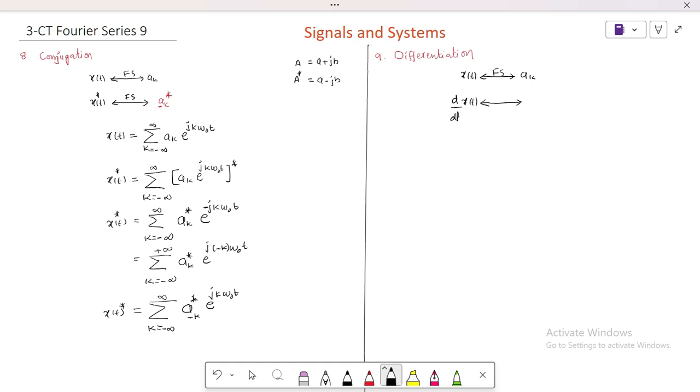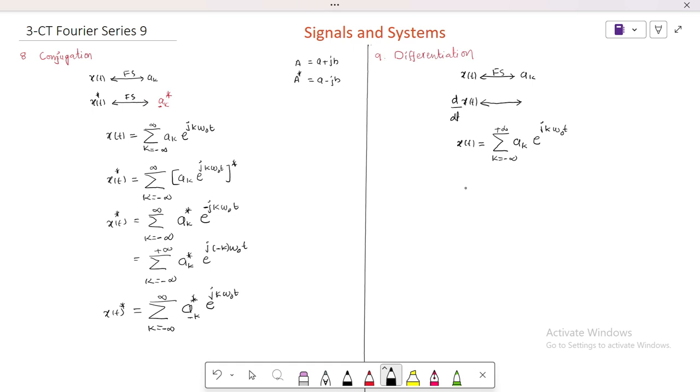For that, again I take the Fourier series representation: x of t equals sigma a_k into e power j k omega naught t, k from minus infinity to plus infinity.